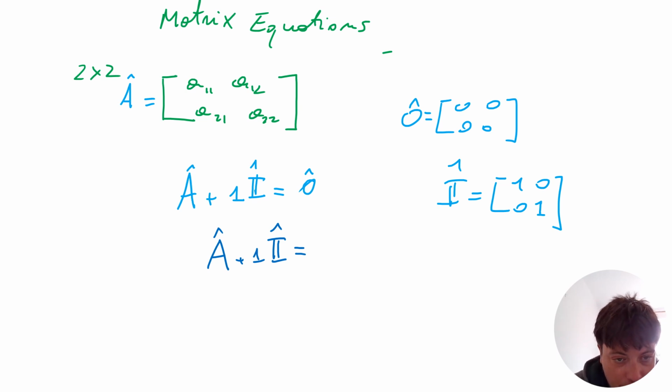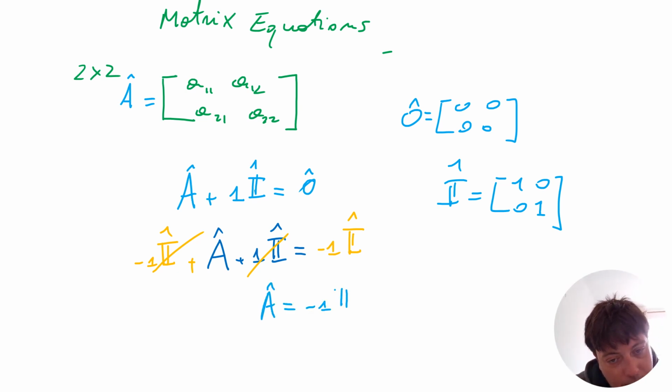Let's do it more formally. Minus identity. Now, of course, minus identity plus identity cancel out, and we've got A equal to minus 1 times the identity.